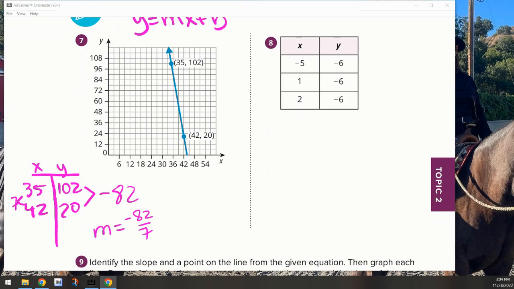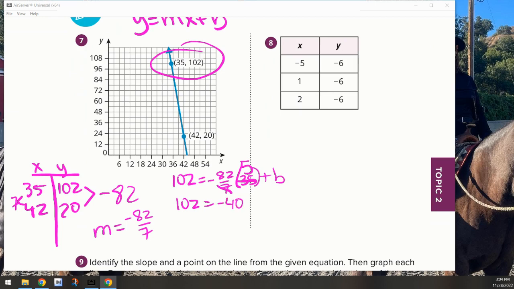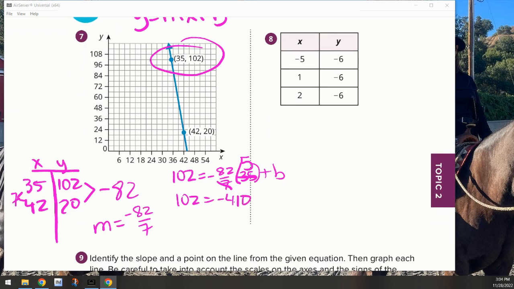Okay. So that's my slope, and I'm going to pick this point, whatever. I'm going to replace the y with 102. I'm going to replace the slope with negative 82 over 7. That is such an ugly number. I'm going to replace the x with 35 plus b. So I have 102 equals, 7 goes into 35 5 times, so I take negative 82 and multiply that by 5, and I get negative 410 plus b.